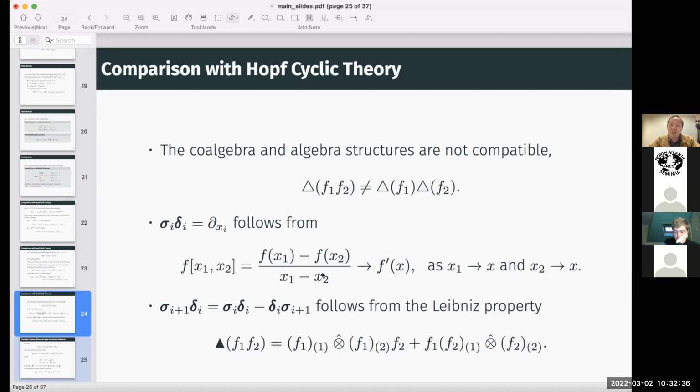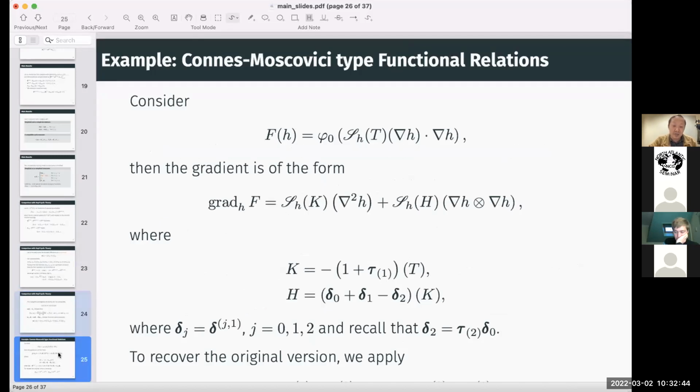Maybe there is some nice homology or cohomology theory behind this. How much time do I have? You have 13 minutes. Okay, good.